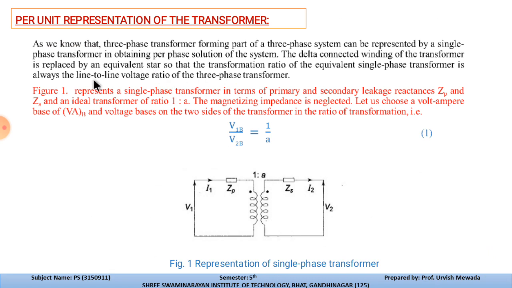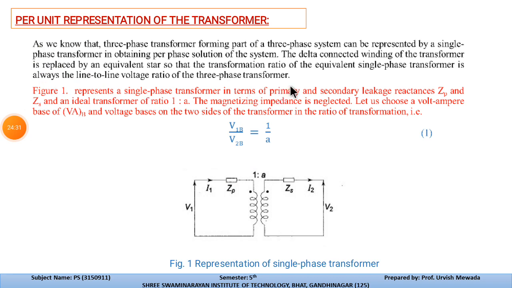Now let us discuss the per unit representation of the transformer. First of all, we have shown the impedance and the reactance of the transformer. Say this is a 1 to a transformer. As we know, the three phase transformer transforming part of a three phase system can be represented by the single phase transformer.